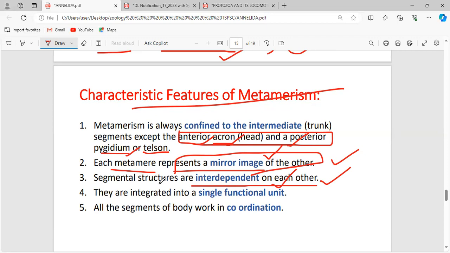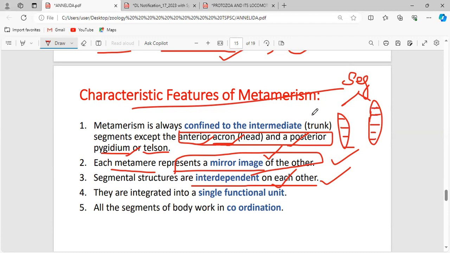In the first class, I explained that two different types of segments are there. If segments are present in an organism, two types of segments can be seen. Of course, this organism also possesses segments, and this organism also possesses the same segments.